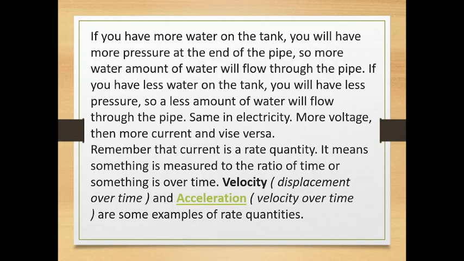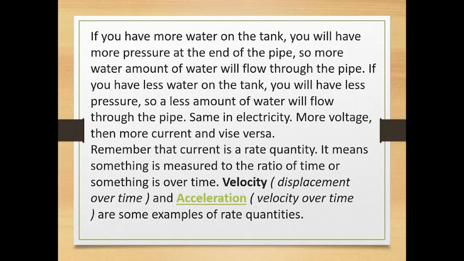If you have more water in the tank, you will have more pressure at the end of the pipe. So, more water will flow through the pipe. If you have less water in the tank, you will have less pressure. So, less water will flow through the pipe. Same in electricity.